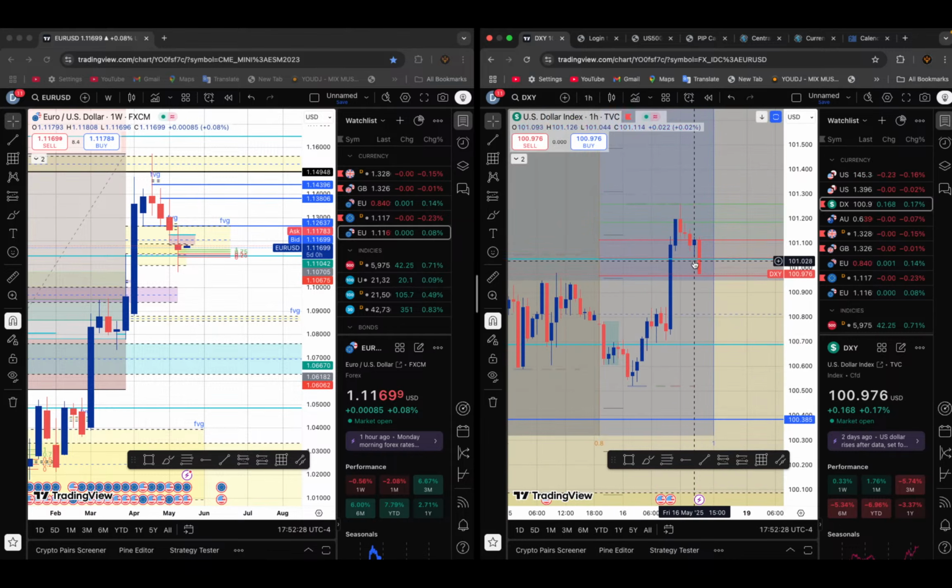On the hour, that will look like coming back into this range using this order block, using this propulsion block here, potentially the consequent encroachment of this wick, as it will be aligned with this order block, and then it starts moving lower.